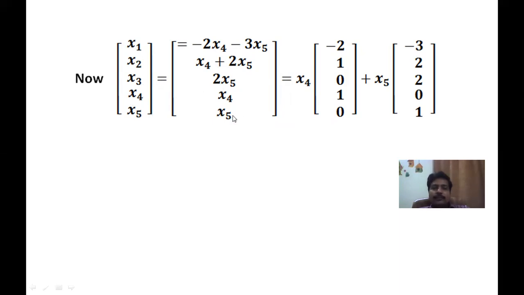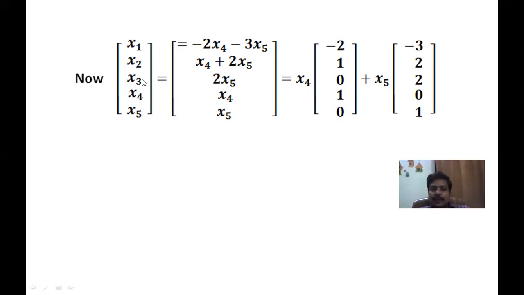x5 is x5. So this can be simplified as x4 times minus 2 and 1. There is no x4, so 0. And here x4, so it is 1. No x4, so 0. Plus x5 times minus 3 and 2. And again 2. No x5, 0. So it is 0. x5 is here, so it is 1.